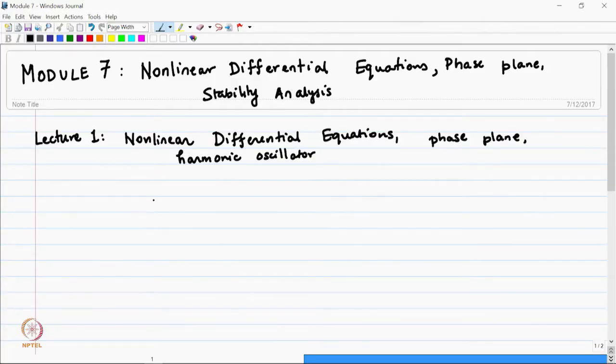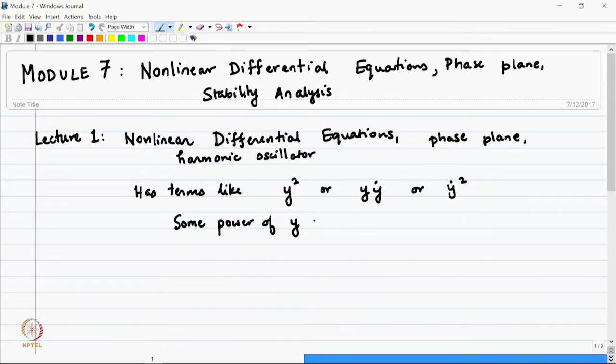A nonlinear differential equation, if you remember, what we said is that it has terms like y square or y dot or y dot square, that is some power of y or any of its derivatives, or a cross term.